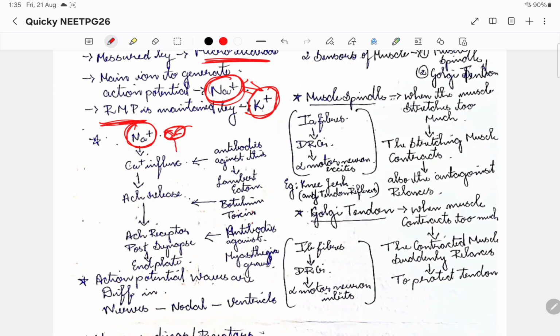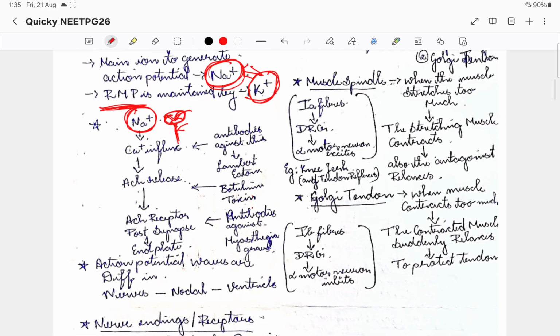Then further moving down, the calcium influx will happen. Once the sodium comes inside the cell, calcium also starts coming inside the cell. Without sodium coming inside the cell, the calcium influx won't happen. Then once the calcium comes inside, this is where the action potential generates.